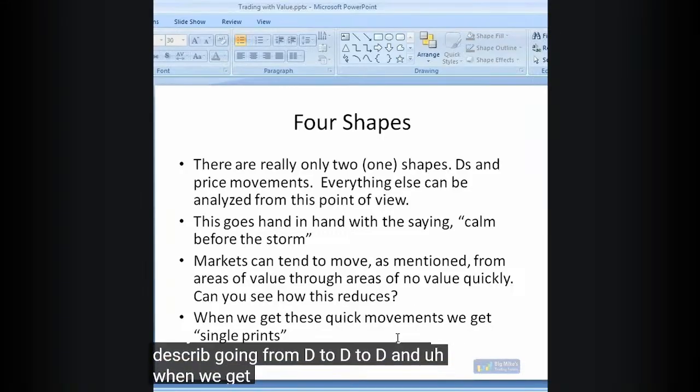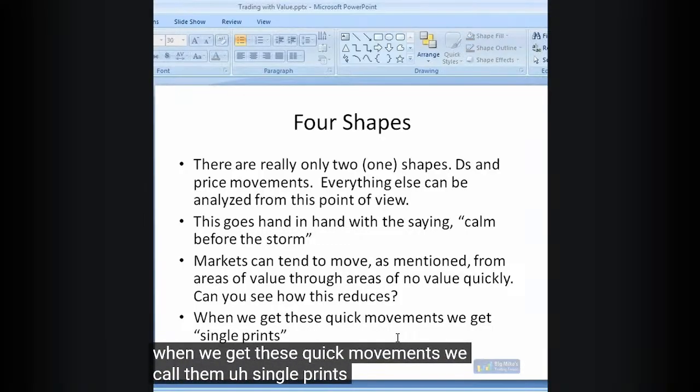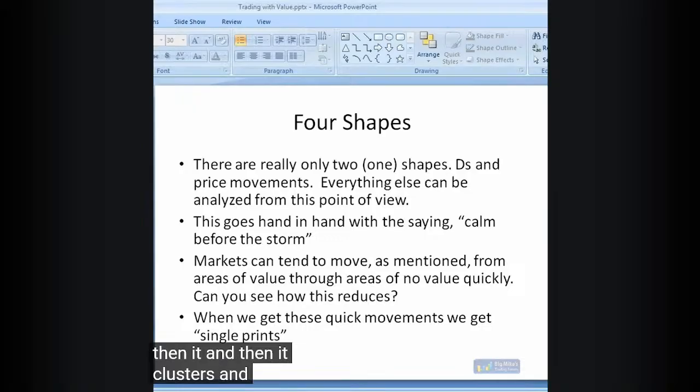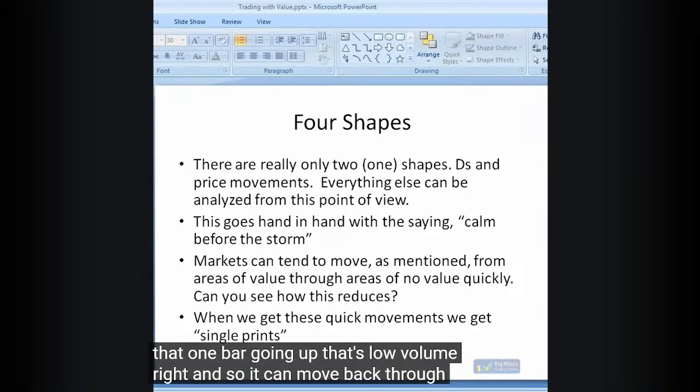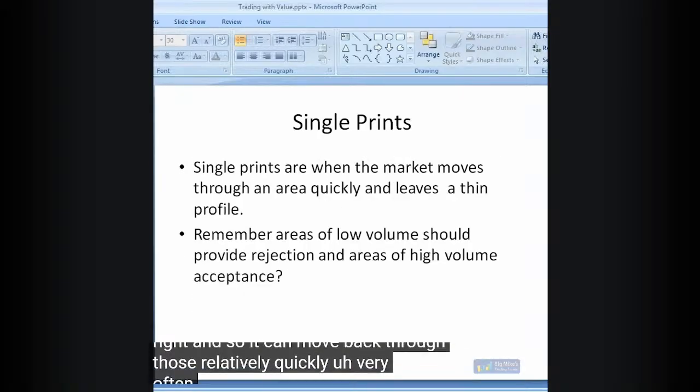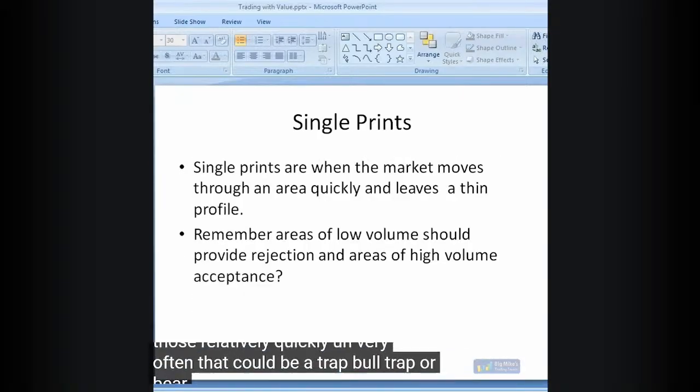And when we get these quick movements, we call them single prints. This is where you just get one bar going up, and then it clusters. And by the way, when you get that one bar going up, that's low volume, right? And so it can move back through those relatively quickly very often. That can be a trap, bull trap or bear trap.